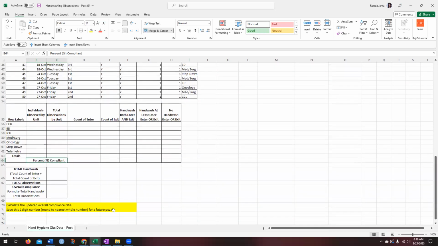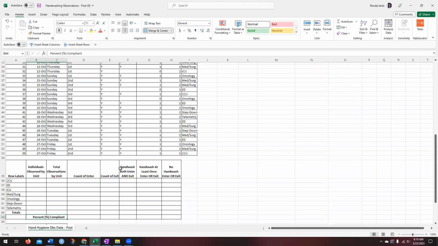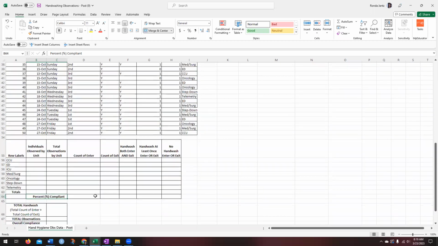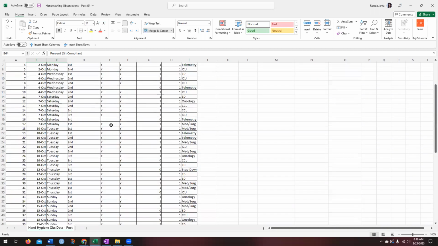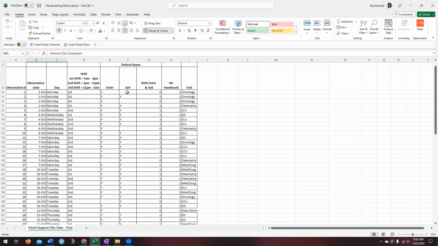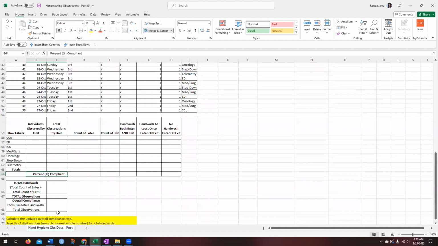And you're going to use this number for a future puzzle. So you're just going to count up the Y's here again for both columns, and that's going to be your total compliance. So if you'll notice that we have mostly Y's, so it must have worked and increased our compliance. It might be easier to count the blank spots and then subtract it from 100. But you're going to count up the Y's, and that'll be your total compliance.